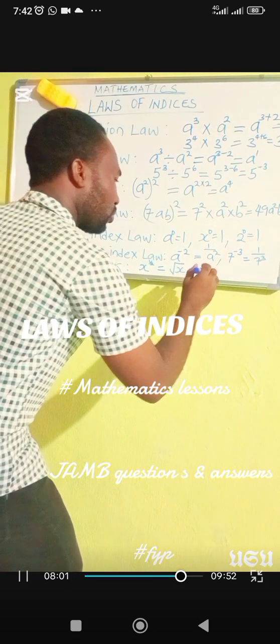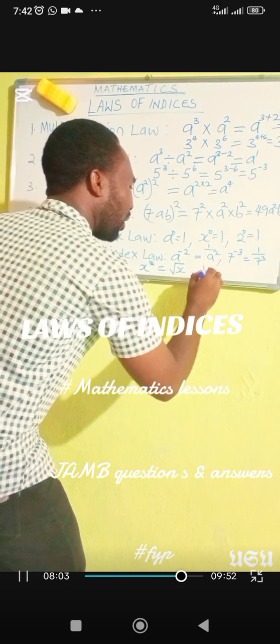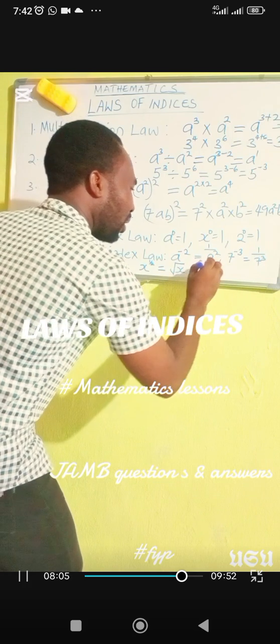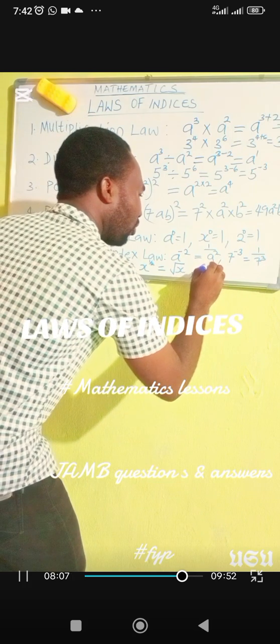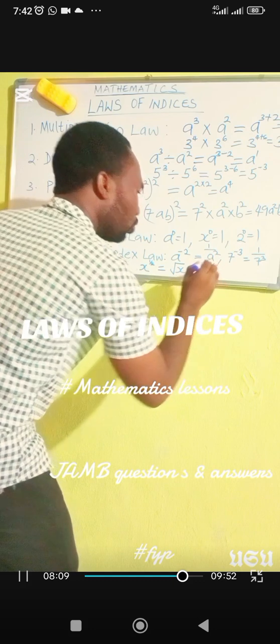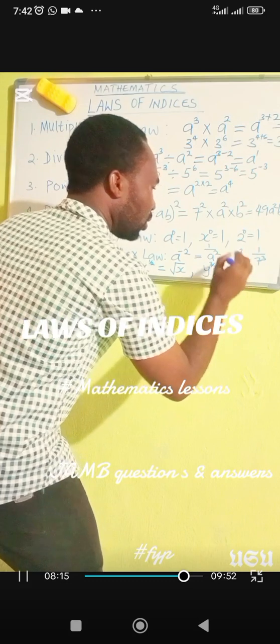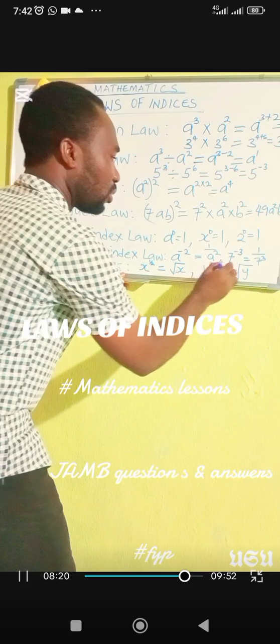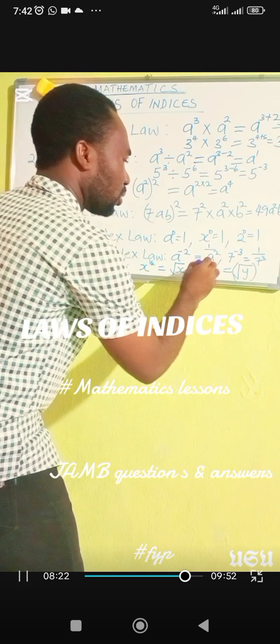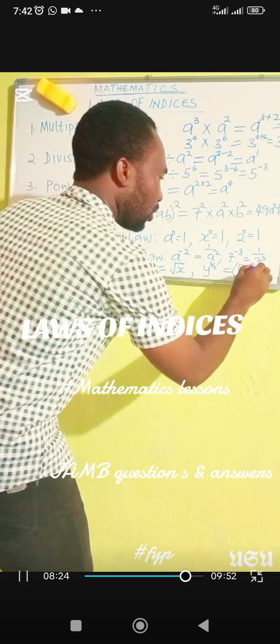If you have y raised to power 3 over 2, it is the same thing as saying, this 2 now is square, the square root of y in bracket raised to power 3.